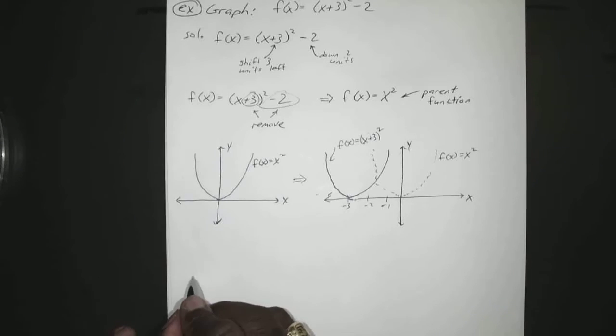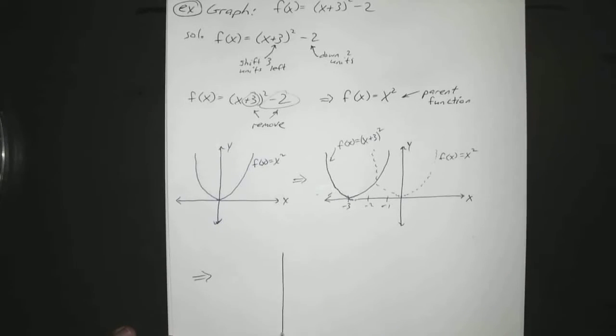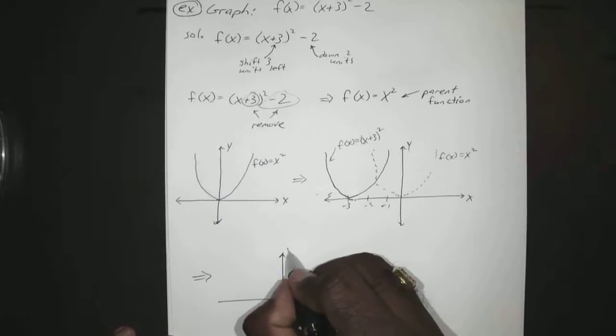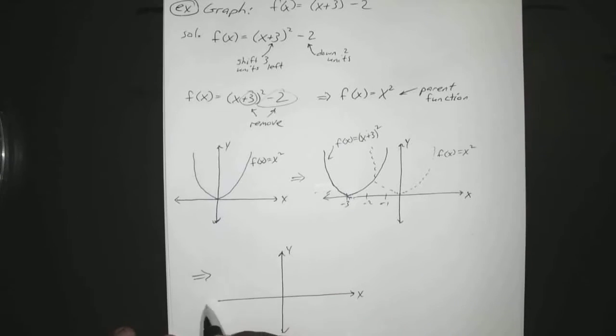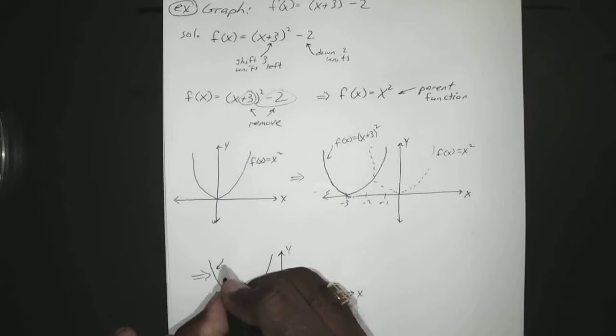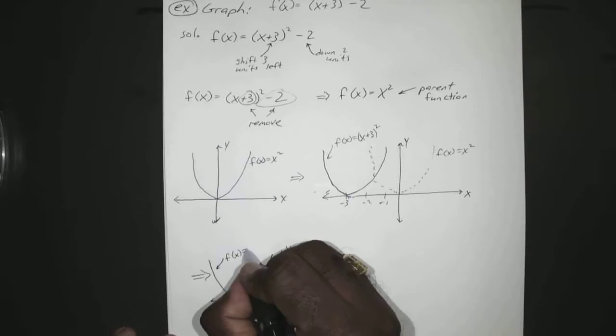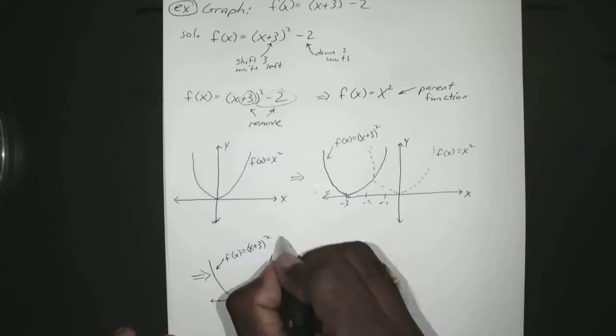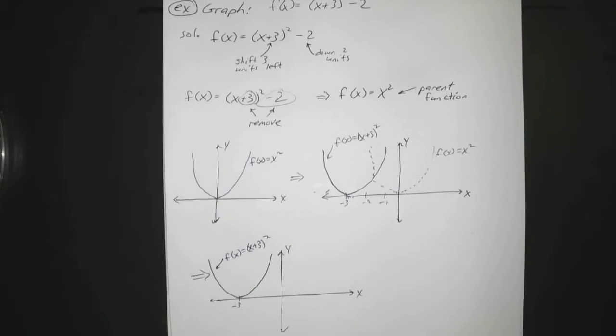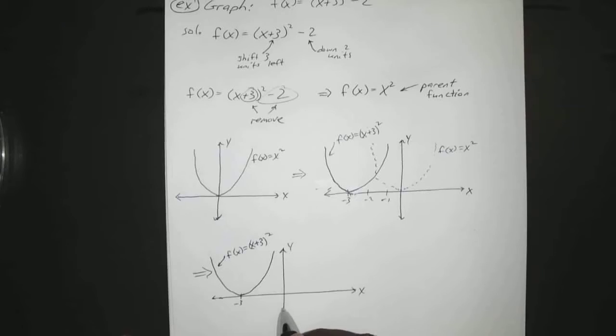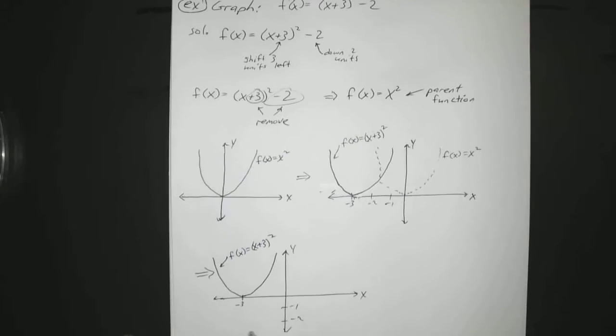Okay, so now we're going to go to the next one, and we're going to pick up right where we left off here. Okay, so we picked up at f of x equals (x plus 3) squared. Okay, so now we're going to get that and shift it 2 units down. Okay, so we're going to get this entire, oh, should have wrote that and dotted, sorry about that.